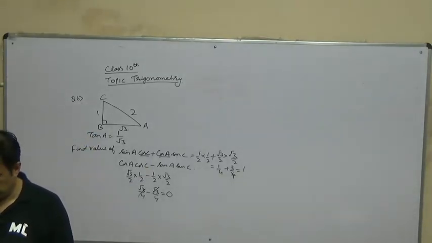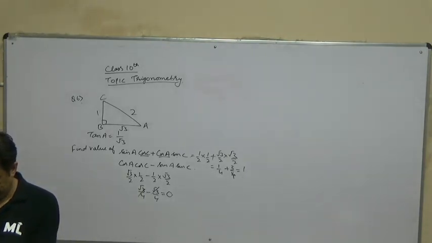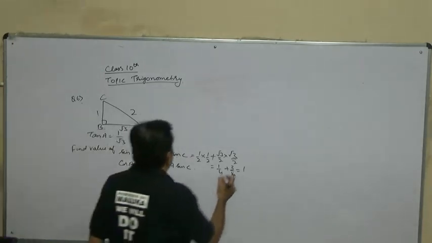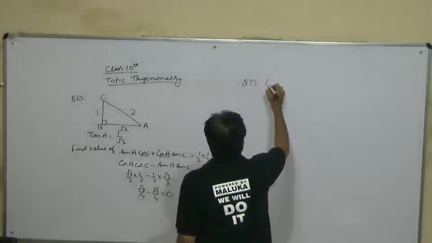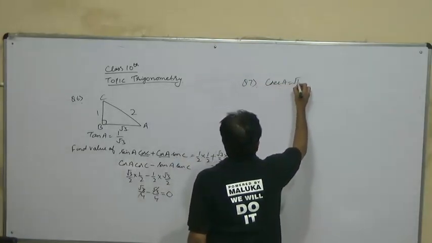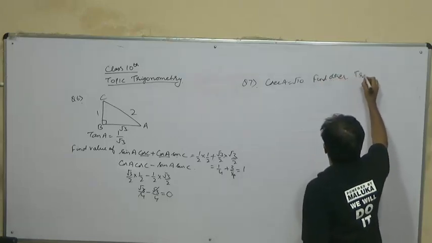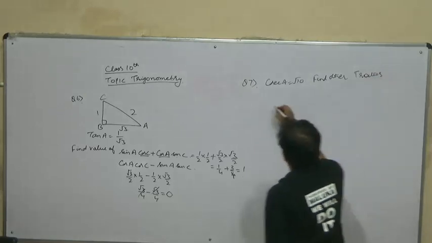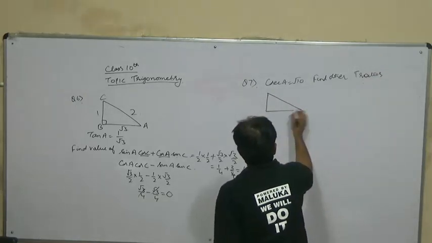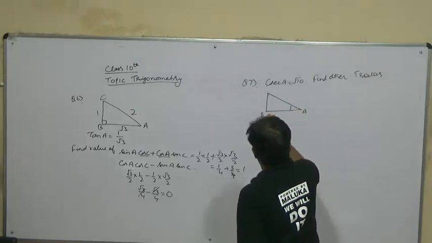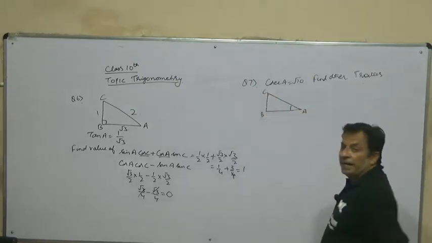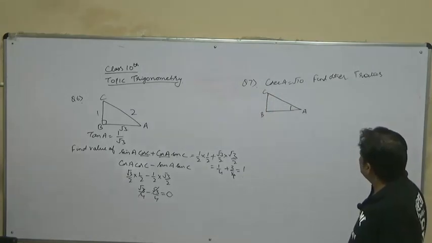Then the next question is, cosecant A is equal to √10, find the other 5 trigonometric ratios. So this is A, B and C, and we are given cosecant A is equal to √10.